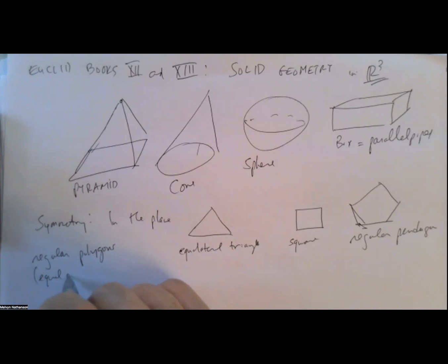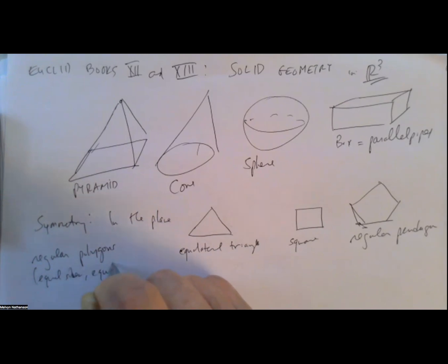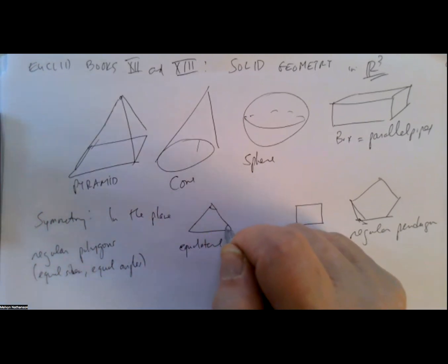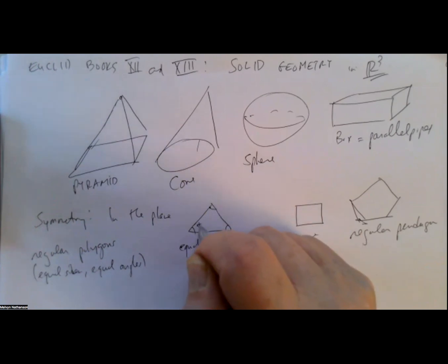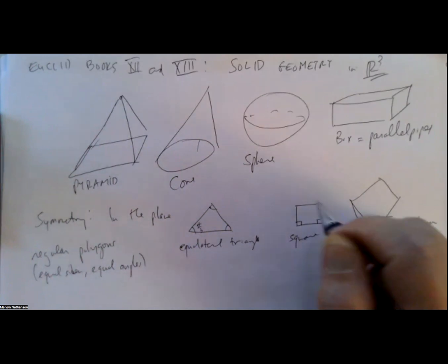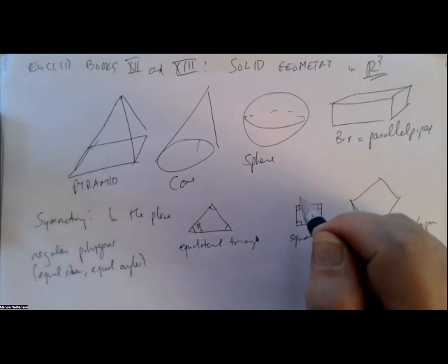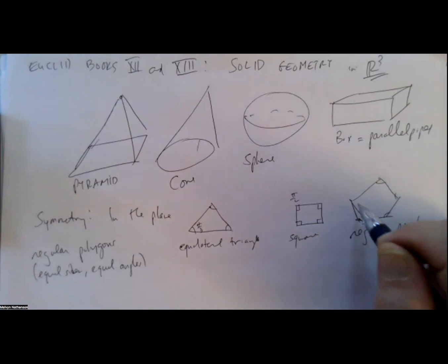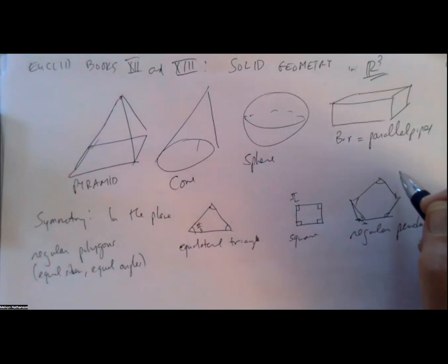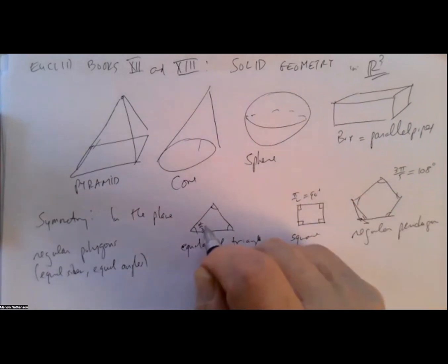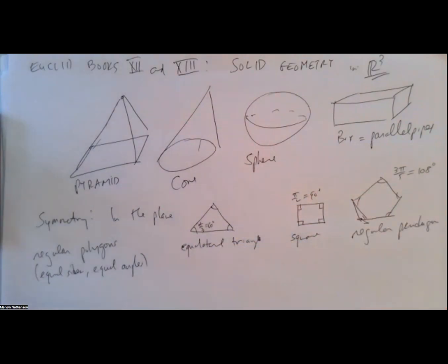They have equal sides and equal angles, right? So in the equilateral triangle, every angle is pi over 3 radians or 60 degrees. In the square, every angle is a right angle, pi over 2 radians or 90 degrees. In the regular pentagon, every angle is 3 pi over 5 or 108 degrees. And so on.